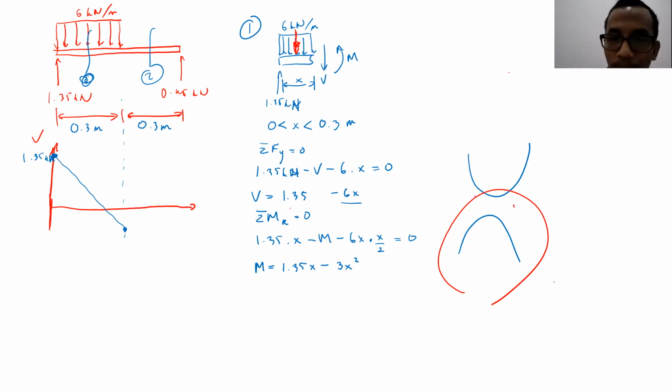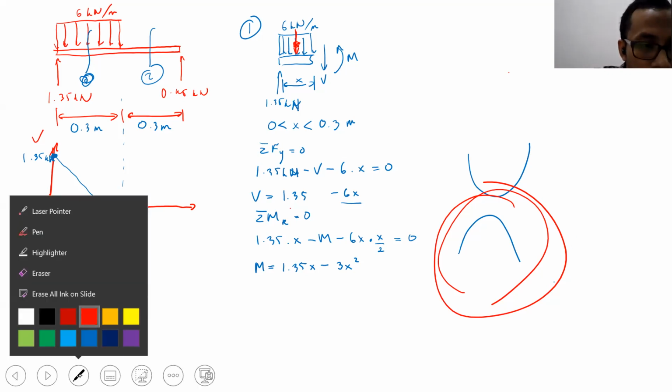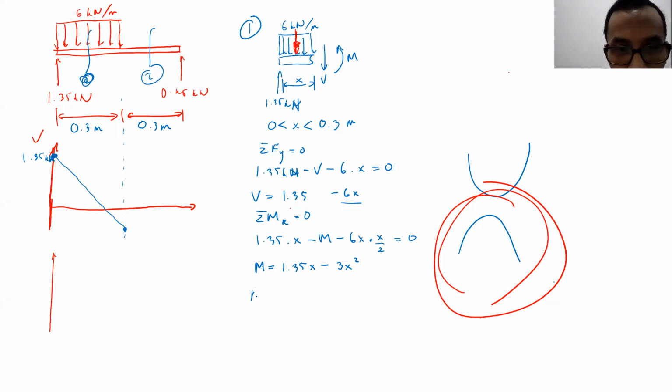We know that the distribution will be like that. And now you can check as well at x equal to 0. What is the value of m? At x equal to 0, it will be 0. The moment will be 0.